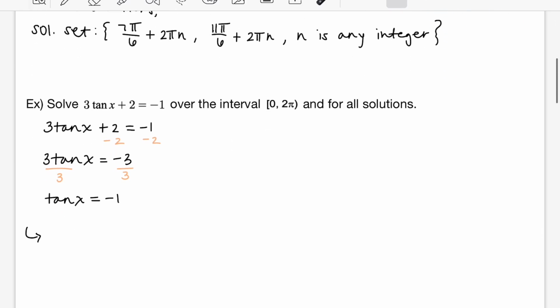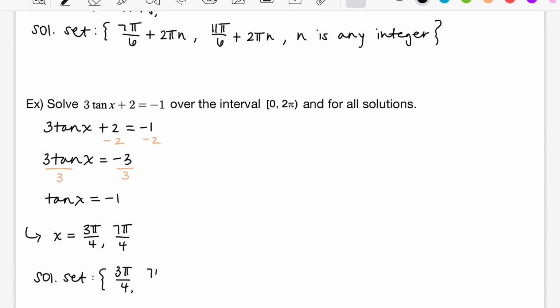So x is going to be equal to 3 pi over 4 and 7 pi over 4. So our solution set will be exactly that over the interval 0 to 2 pi.